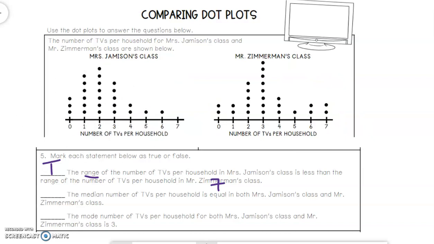The median of number of TVs per household is equal in both Miss Jamison's class and Mr. Zimmerman's. So I'm going to need to find the median for both data sets. So starting with my first one, I'm going to take one dot away from both sides until I reach my middle number. Sorry if my lines aren't great. I'm doing the best I can today, guys.